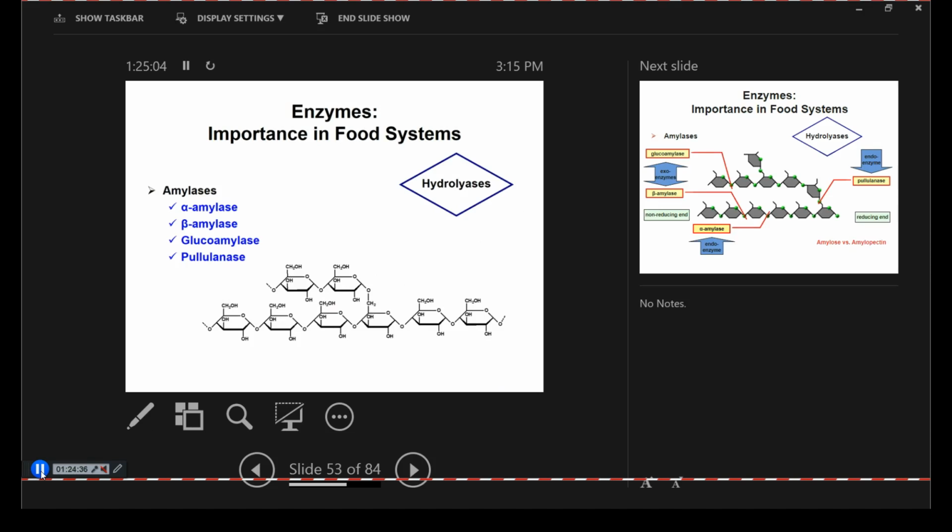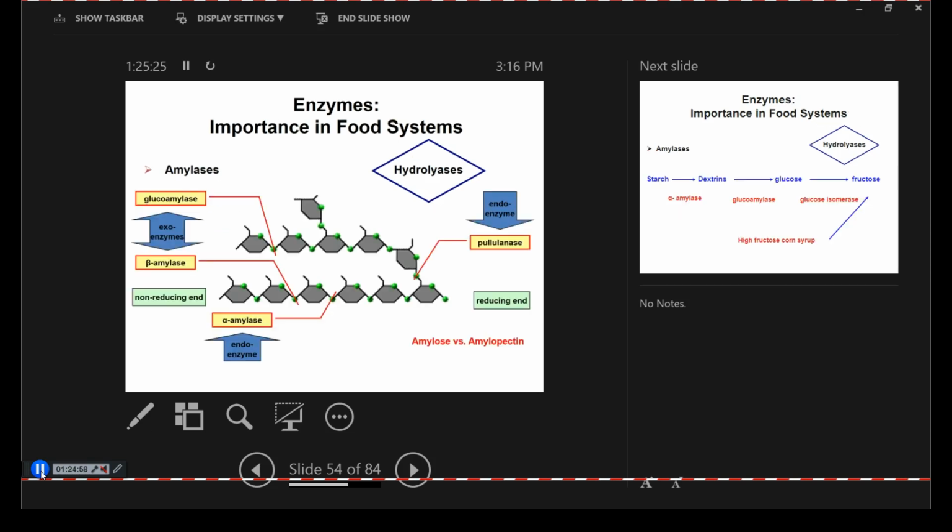So amylases, these are also hydrolases, and in this case, amylases can be categorized into alpha amylase, beta amylase, glucoamylase, and pullulanase. They work obviously on starch subunits, amylose and amylopectin.